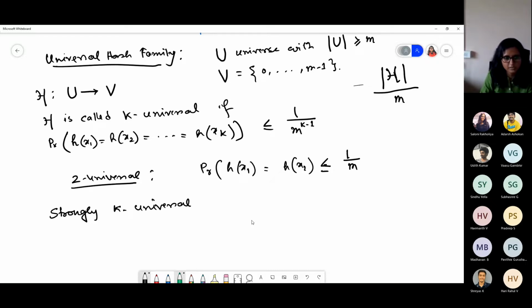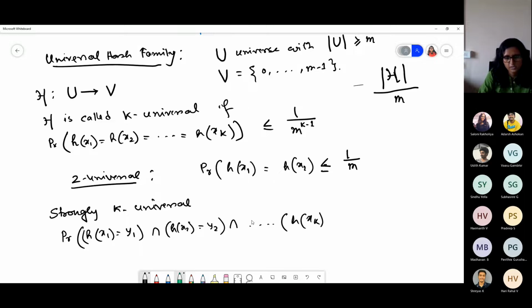In that case, the probability of the event h of x1 equals y1 intersection h of x2 equals y2, up to h of xk equals yk, where all these x1 to xk are your key values, and y1 to yk are from this range, is equal to 1 by m to the power k.